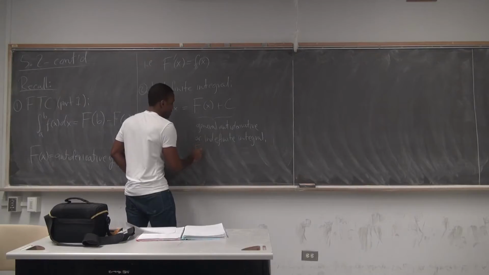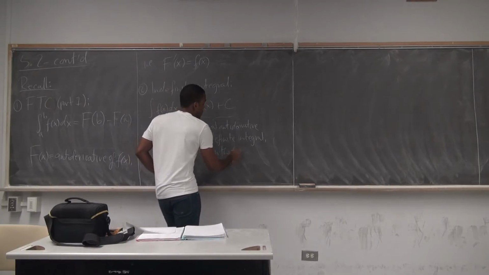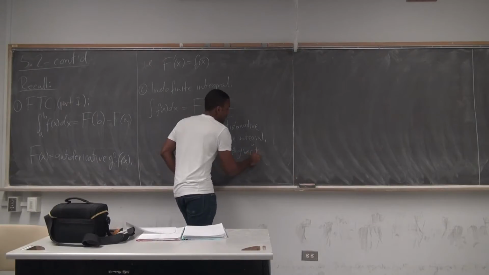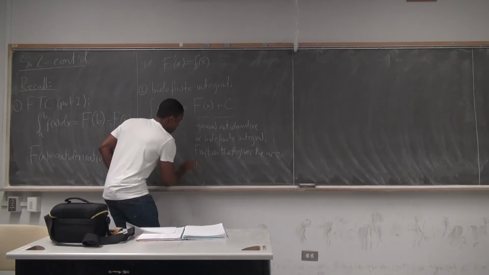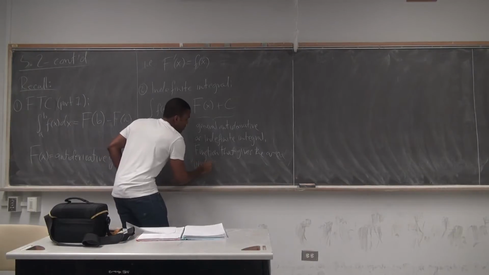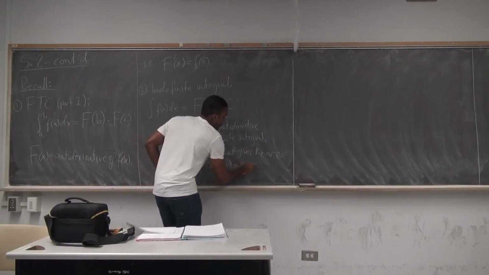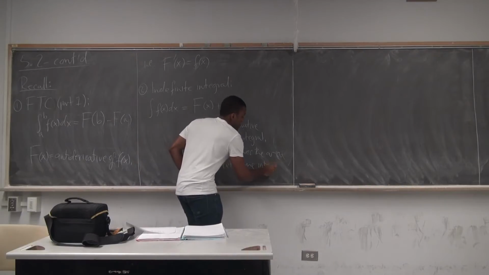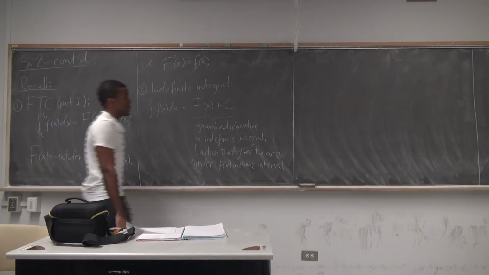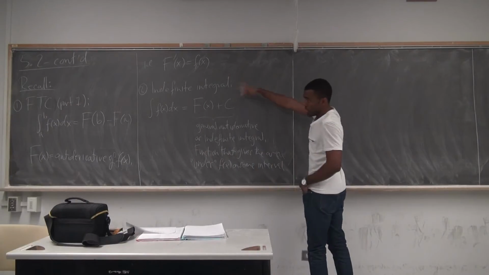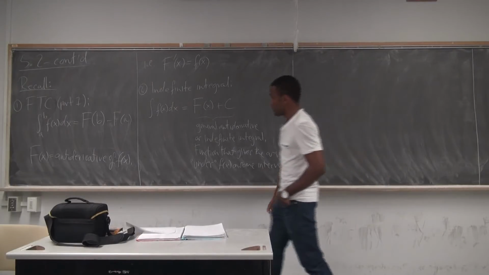It is the function that gives the area under f of x on some interval. There's a plus c, so it's not unique. You can have many antiderivatives for a particular function.